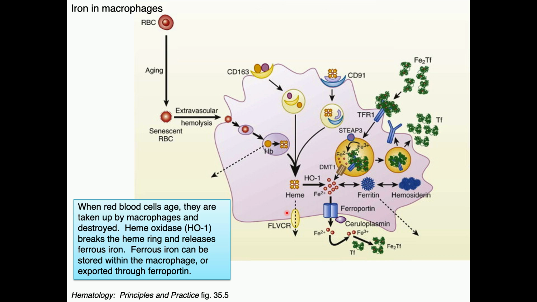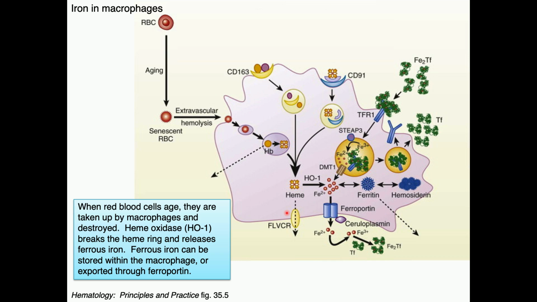So the major turnover route in a healthy person, the way that those aged red blood cells are eliminated, is to be endocytosed by macrophages, principally macrophages in the spleen and the reticuloendothelial system.